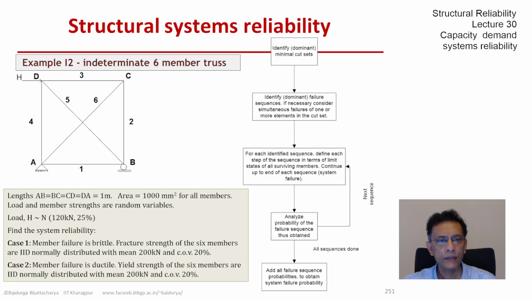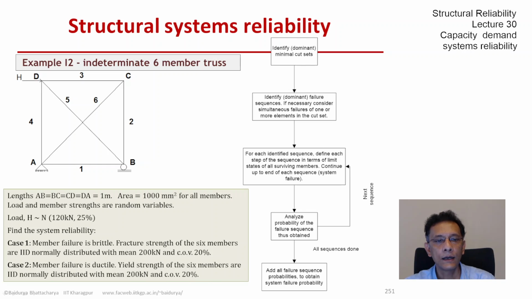In a situation such as this, we would need to identify the minimal cut sets, at least the probabilistically dominant ones, and then find out if we need to consider any sequence effect or not. That depends on our understanding of the mechanics of the problem and how the intact structure finally goes to global failure.